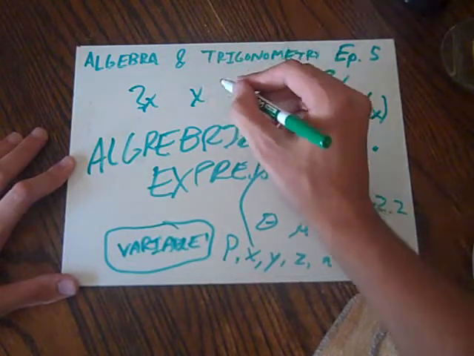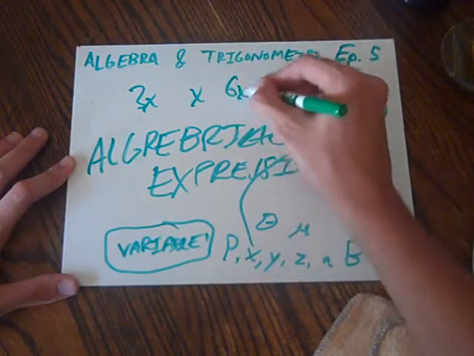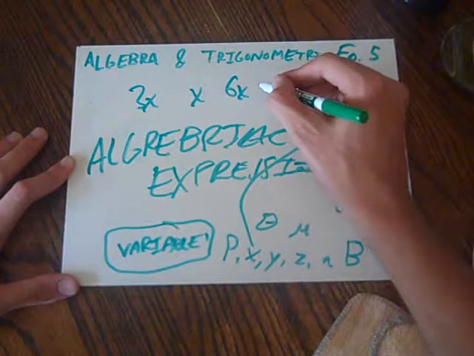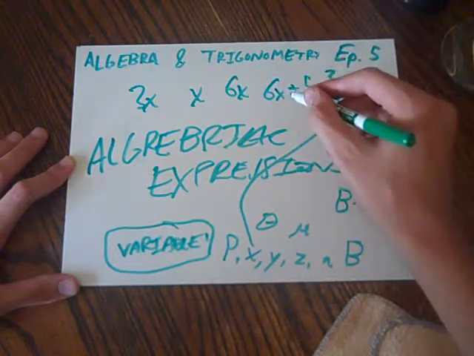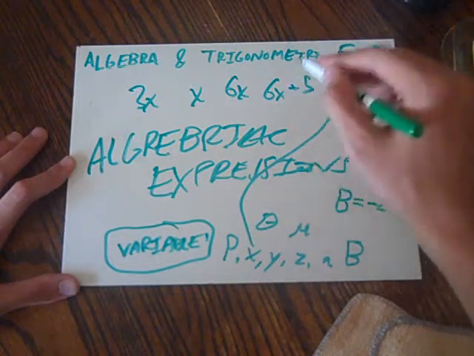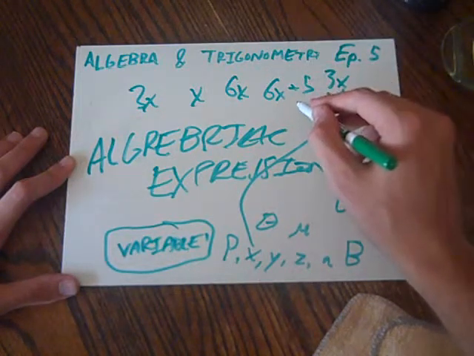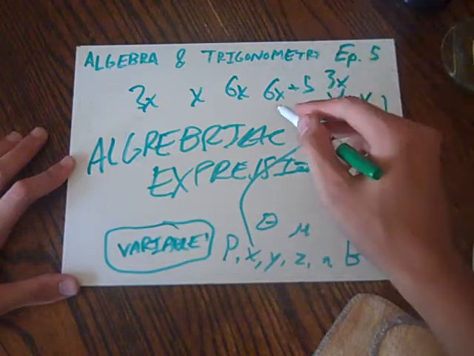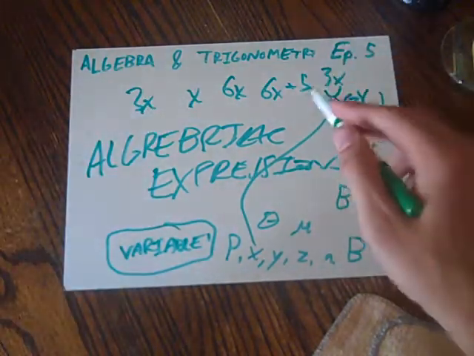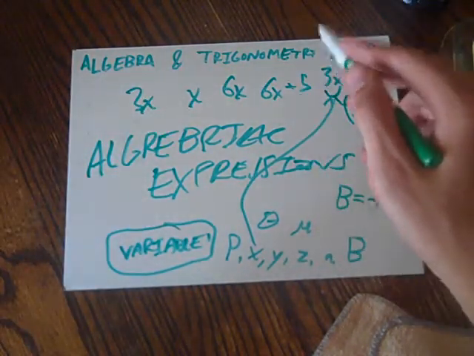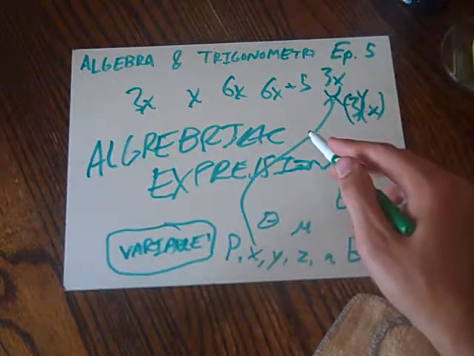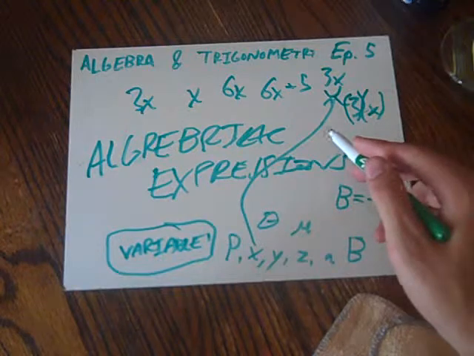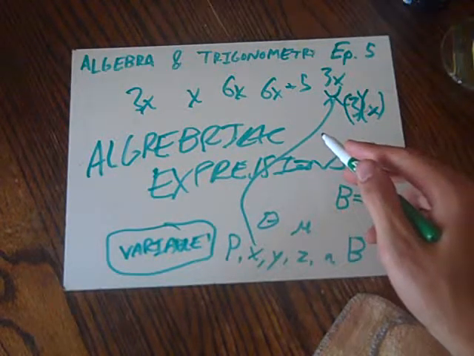X is an algebraic expression. 6x is an algebraic expression. 6x plus 5. Basically, anything that does not have an equal sign in it and has a variable in it is an algebraic expression.